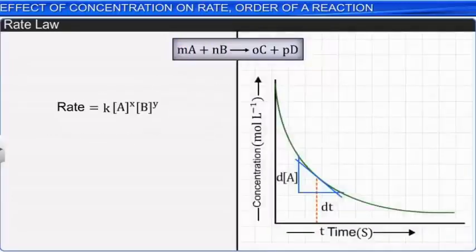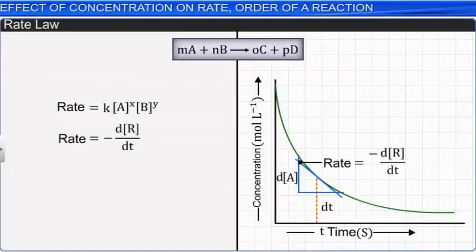You know that the rate of a reaction with respect to the reactants is equal to minus dR by dt. Therefore, the equation can be written as minus dR by dt is equal to K multiplied by the concentration of A raised to the power x multiplied by the concentration of B raised to the power y.